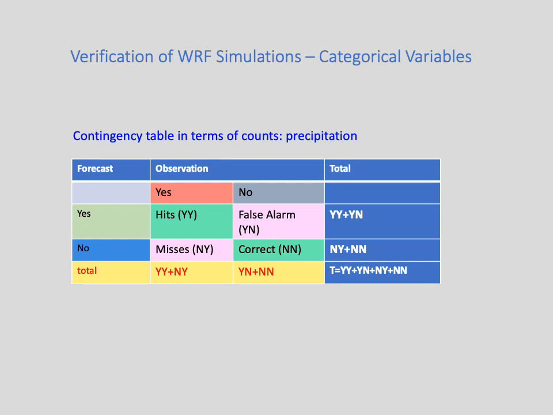In this table, the entries in each cell represent the counts of correct forecast, misses, false alarms, and correct rejection. The counts in this table can be used to compute a variety of traditional verification metrics.